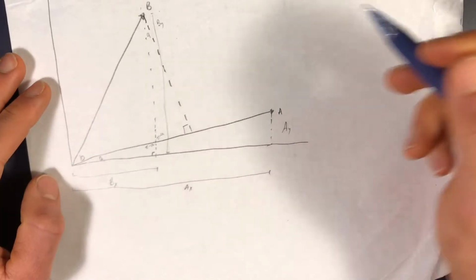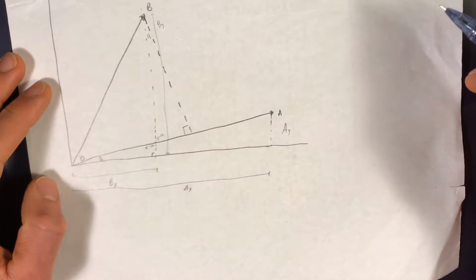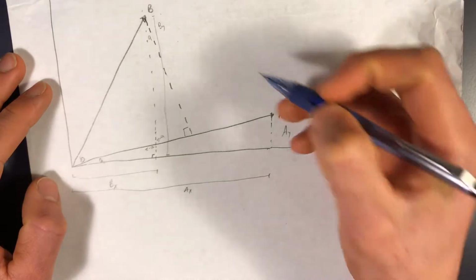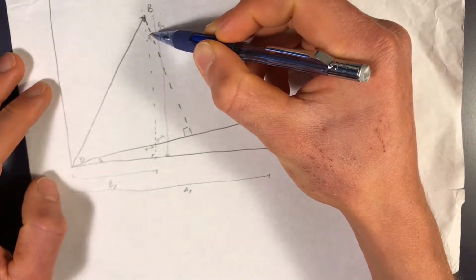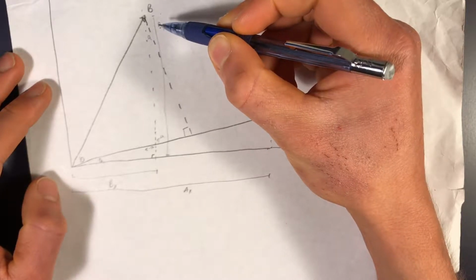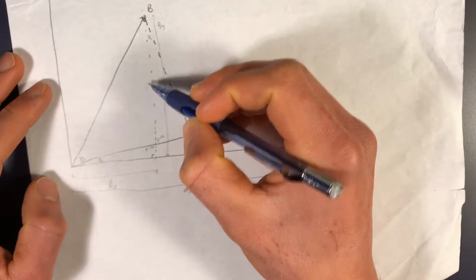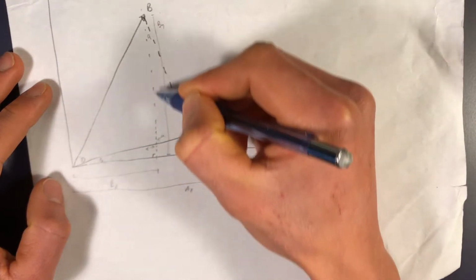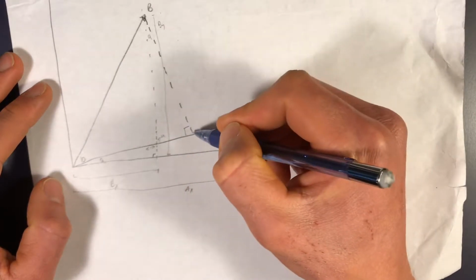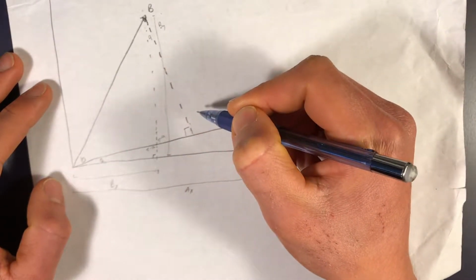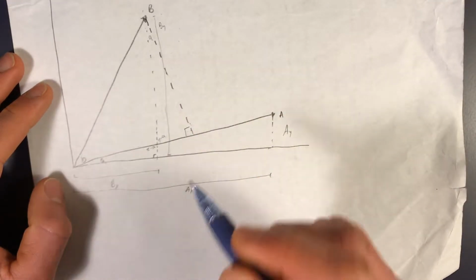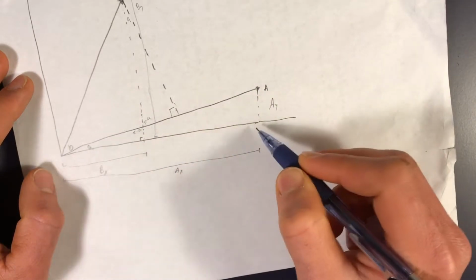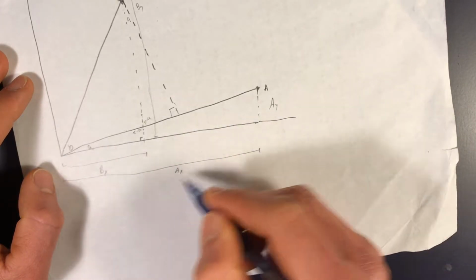Okay, so what we could do is say this length right here over this length right here, which we're trying to get, is equal to the absolute value of a over, actually over ax, not the cosine.